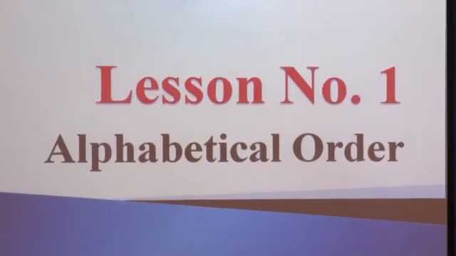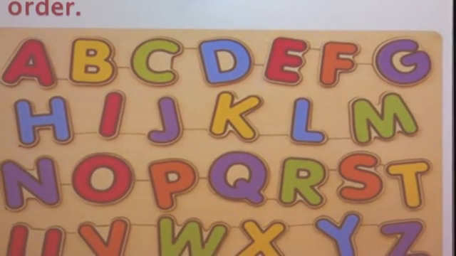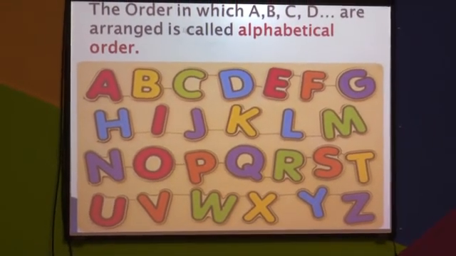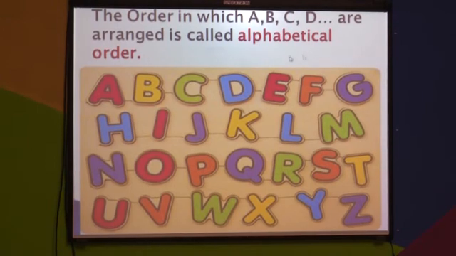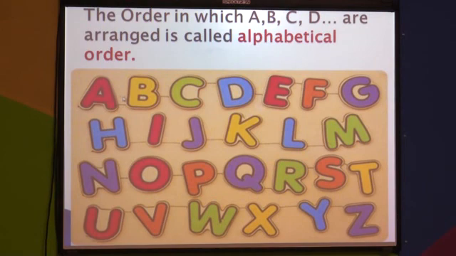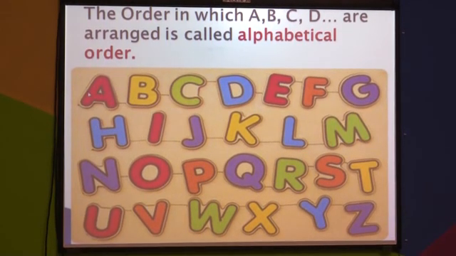Students, can you tell me what alphabetical order is? Yes, the order in which A, B, C, D are arranged is called alphabetical order. You can see here the alphabets, or the letters, arranged in A, B, C, D. So this order we are going to call alphabetical order.